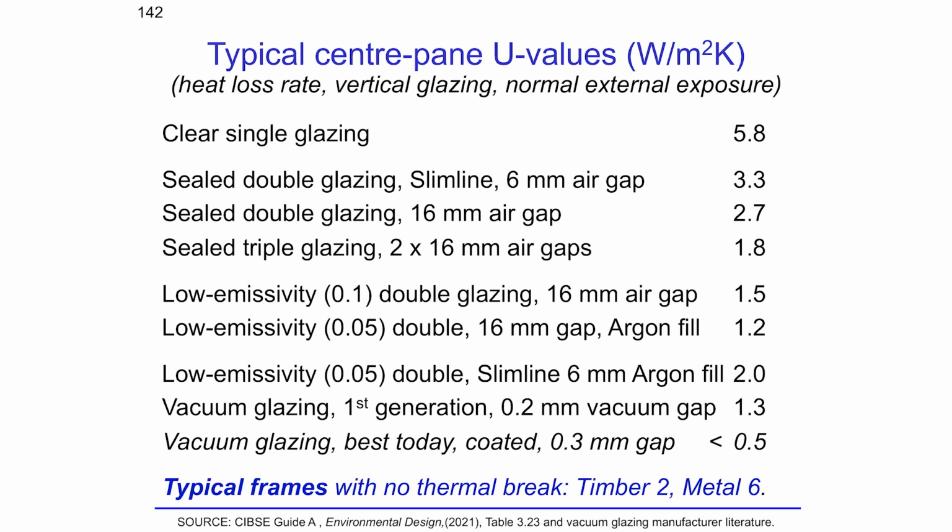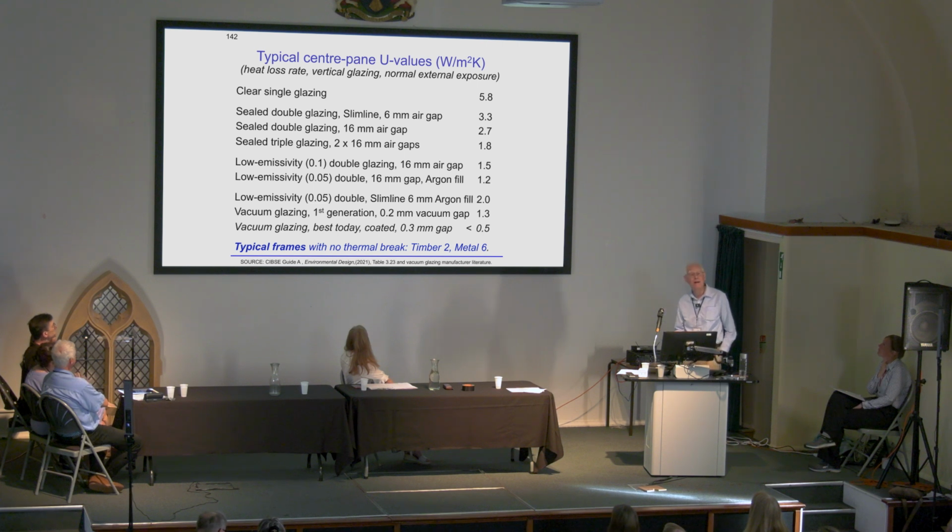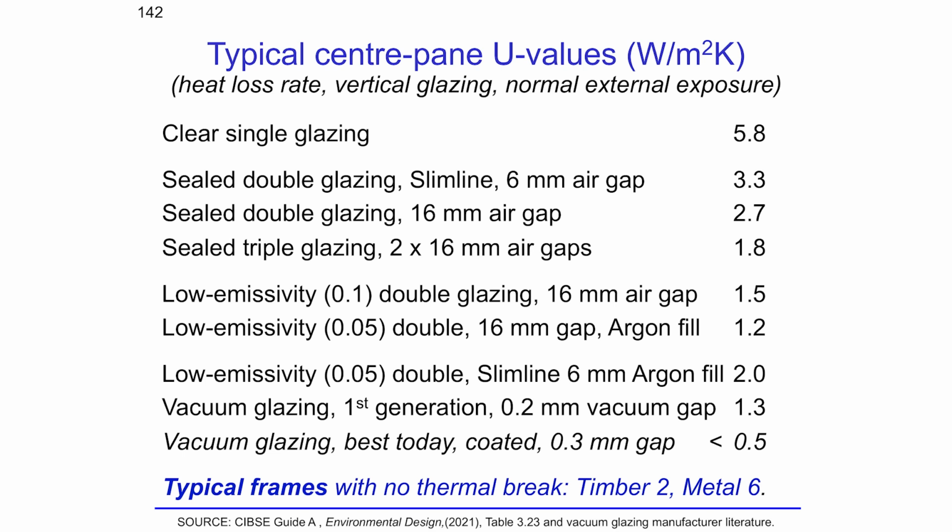This is the work done at Glasgow Caledonian University for English Heritage, Historic England, in the late noughties, which I reviewed, looking at what you can do to improve a window by adding stuff.